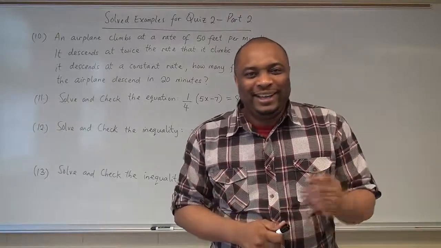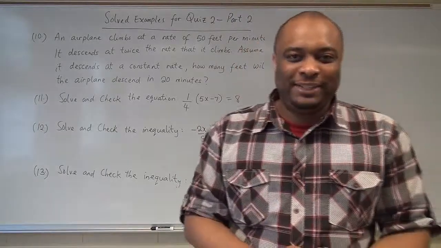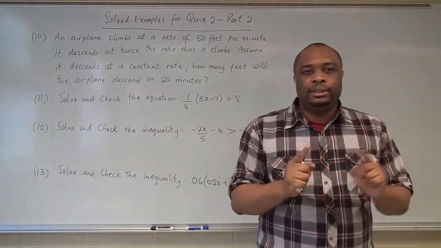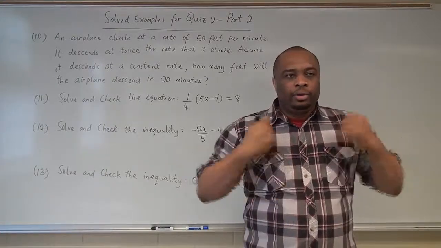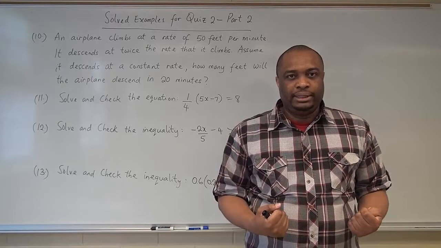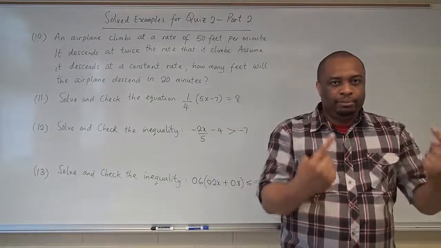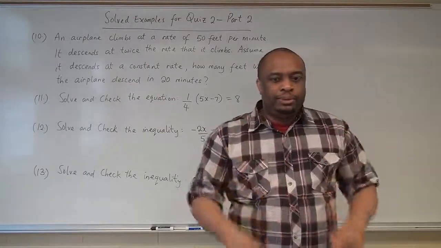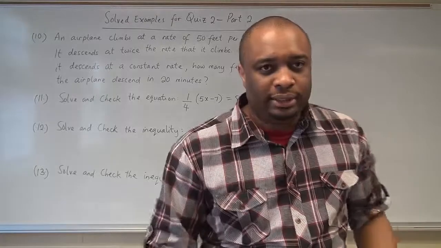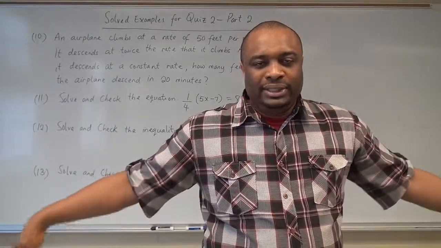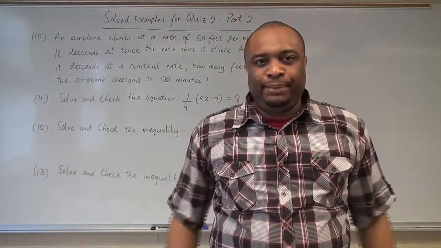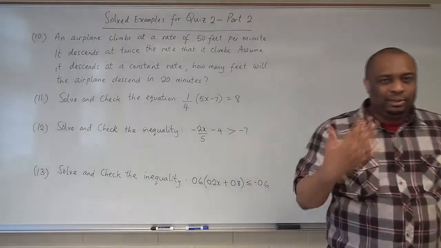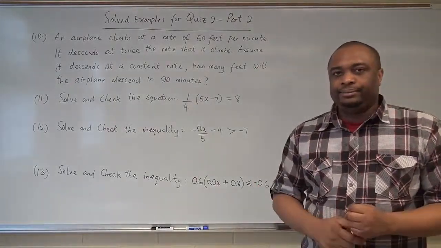But when you run downhill, you tend to use twice the speed you use when you climb uphill. So that is what the question is saying. You need to understand the question, then you can solve it.